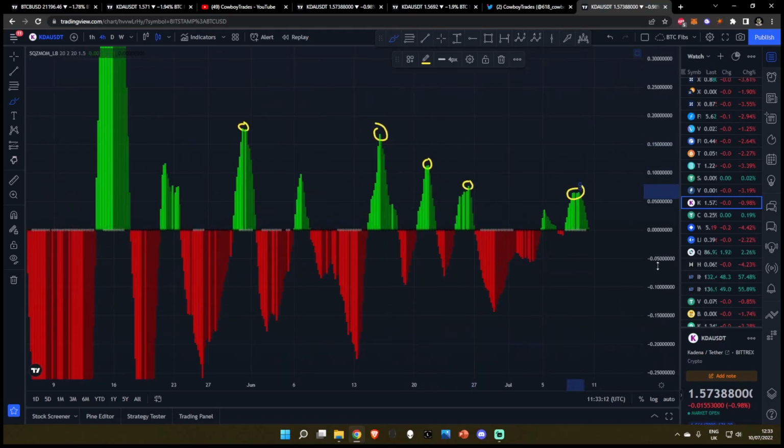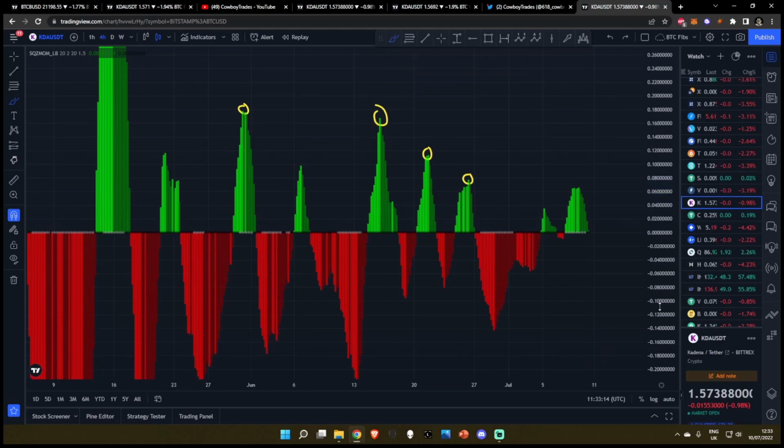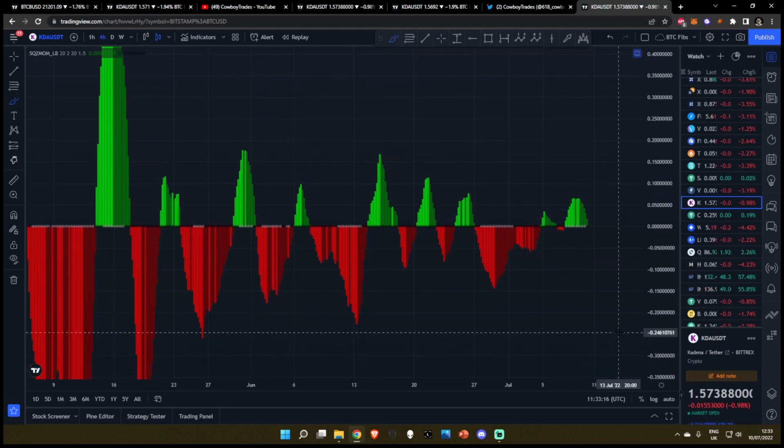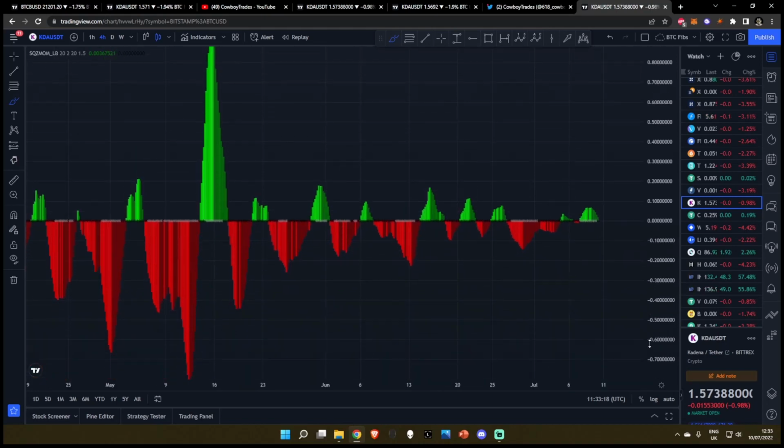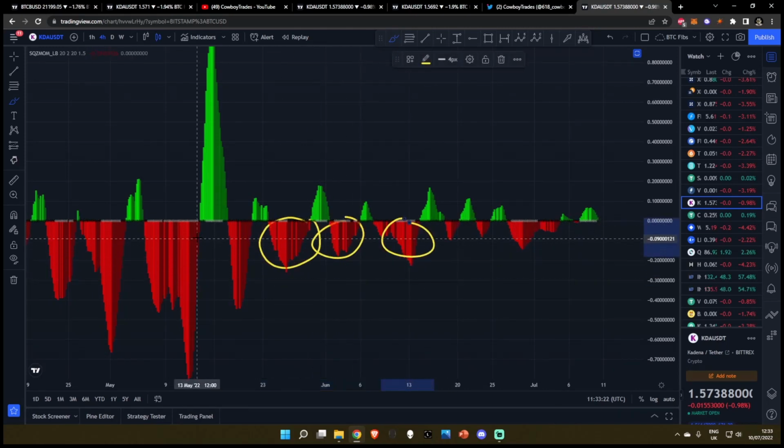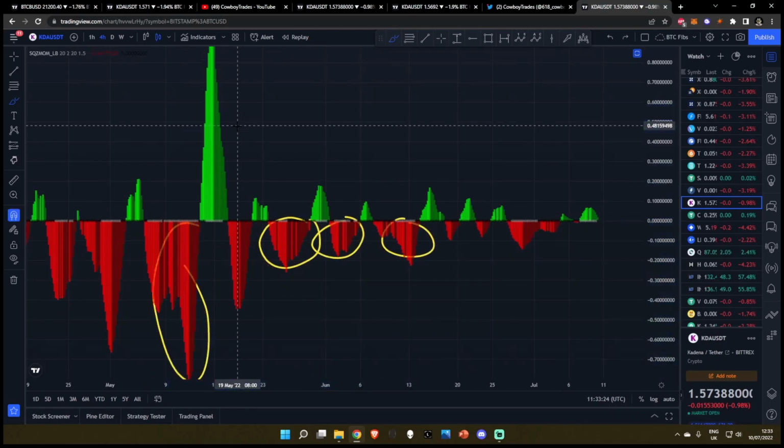It is similar for the bears, but at this moment in time, you can very much see that the bearish runs to the downside are much more euphoric than these bullish runs to the upside.